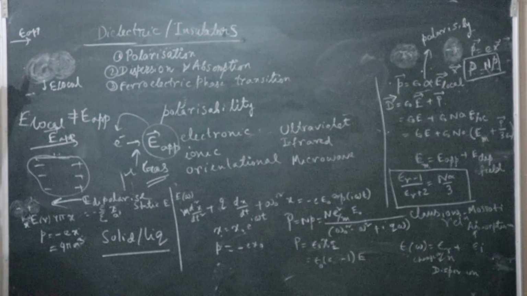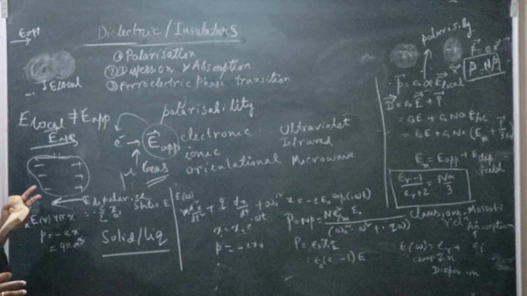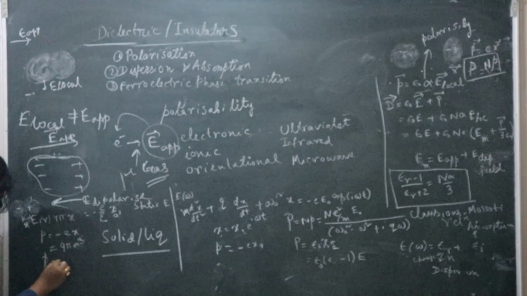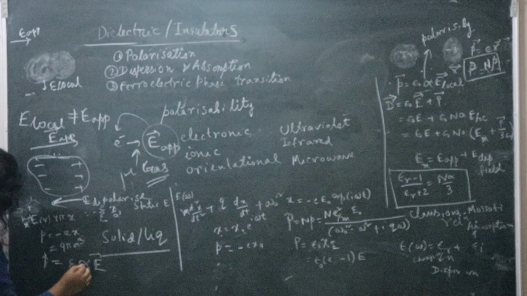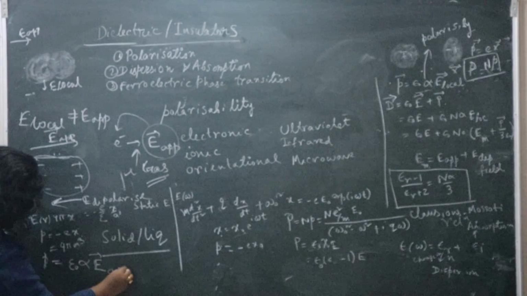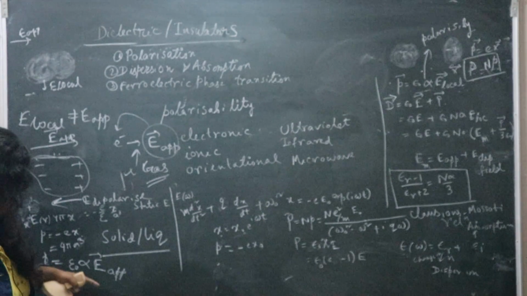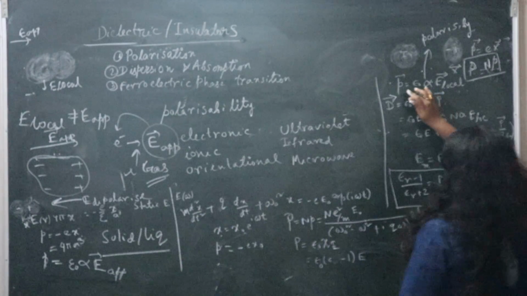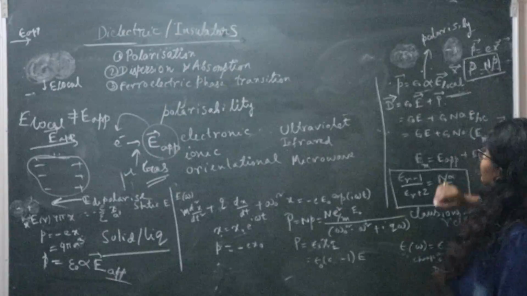Last time I have taken that the dipole moment, small p, equals epsilon naught alpha into E. That E was the same as the E applied, but in this case, in a solid or liquid, the dipole moment that has been induced is not proportional to the E applied, it will be proportional to the E local.